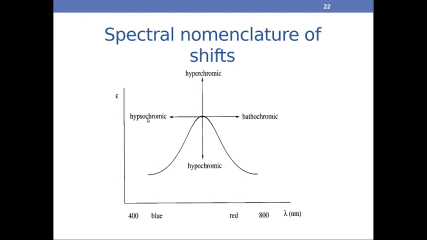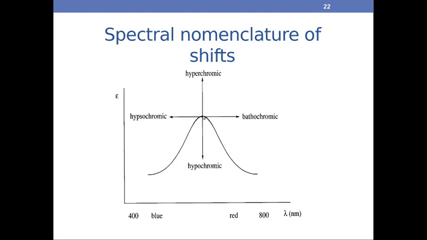We saw this in the second semester. We have the absorbance or the molar extinction coefficient along the y-axis here. If the spectral intensity increases, then we call the effect a hyperchromic shift. If the spectral intensity decreases, we call the effect a hypochromic effect.